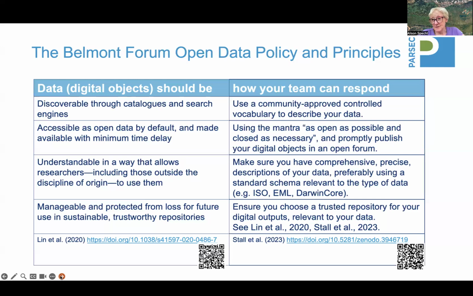COVID has given us a good example of why we might publish promptly, because it was only through open sharing of data between laboratories and vaccine developers in a rapid fashion that the vaccines were able to be developed as quickly, in record time almost, as they were.